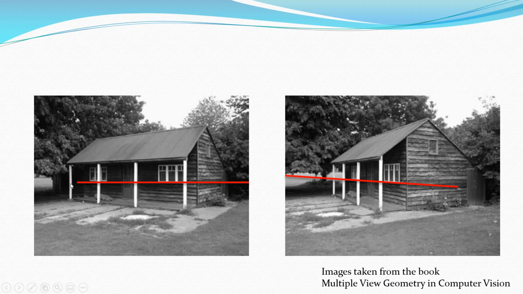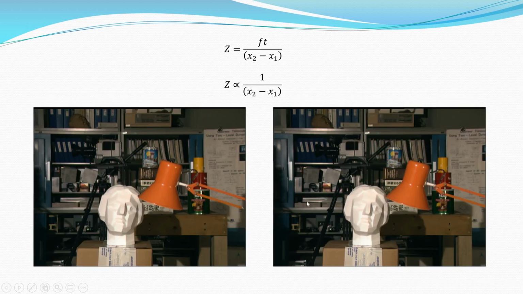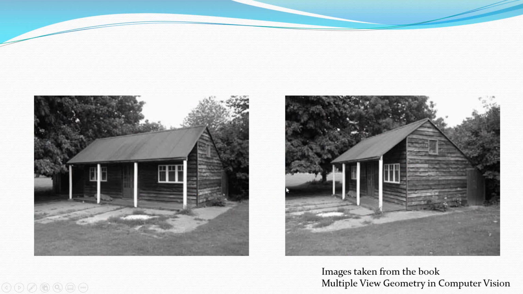It is not that this row corresponds to the same row, as was the case here. If you take this nose point, you know that it lies on the same row as the other nose point, but that is not the case here. Here different points could lie on different rows.